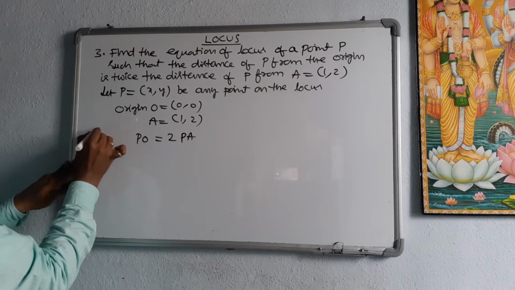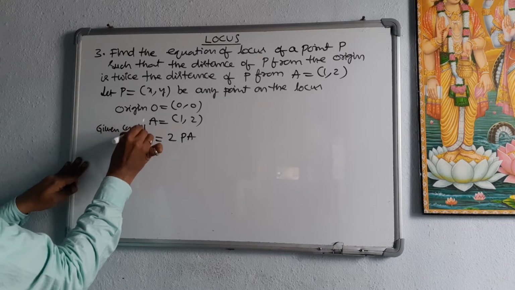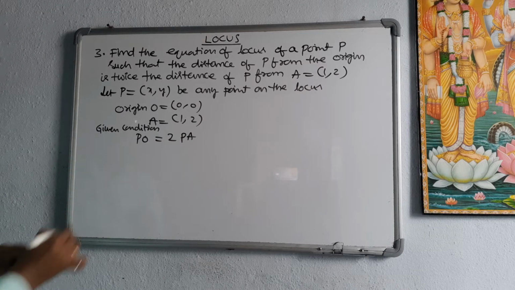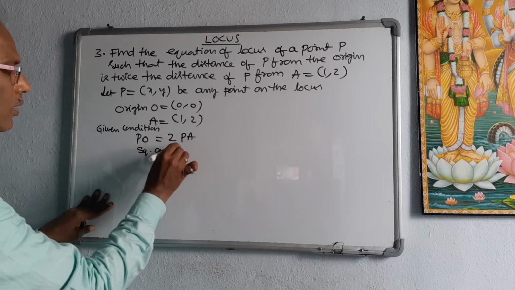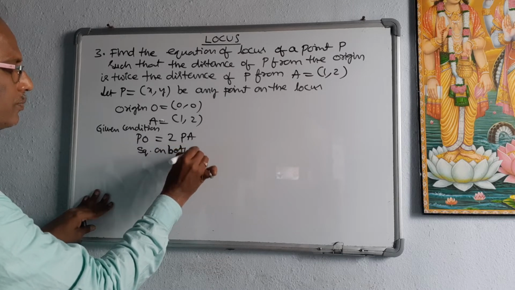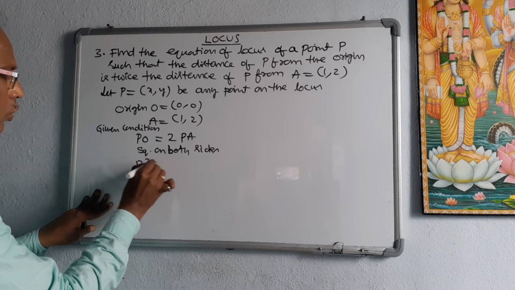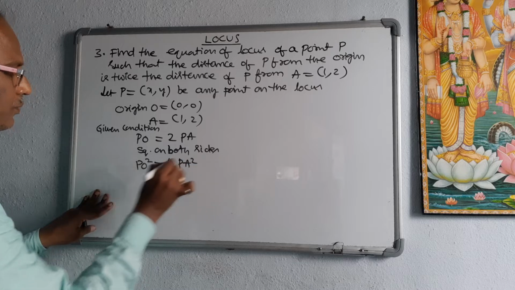Here the given condition is PO equal to 2PA. Squaring on both sides, PO square equal to 2 square, 4, PA square.